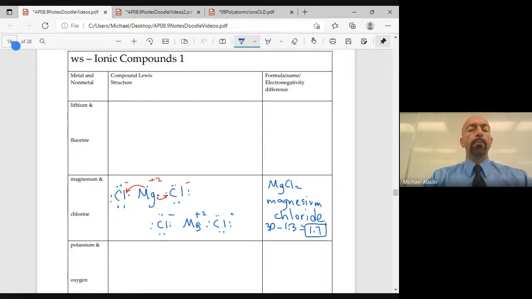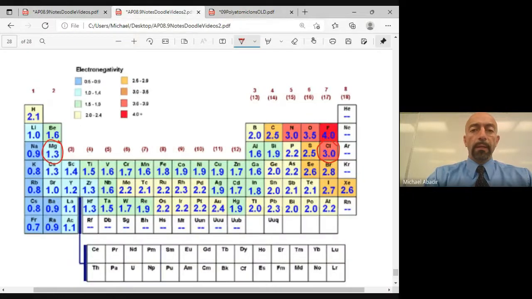You do not double the chlorine, even though there's 2 of them. You just take 1 chlorine minus 1 magnesium, and you take the difference of that, and that is going to be a 1.7 difference. And you'll see that 1.7 is a fairly large difference between a metal and a non-metal, and that's why the chlorine will actually take the electron from the magnesium as opposed to sharing.